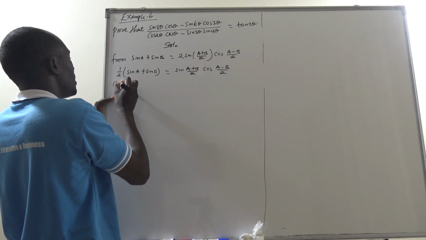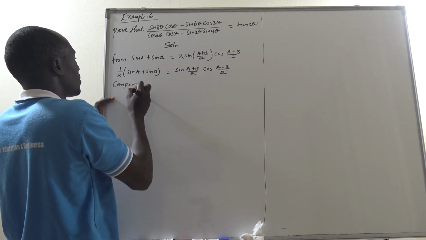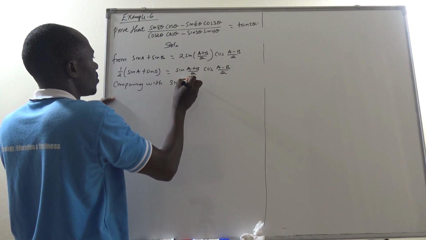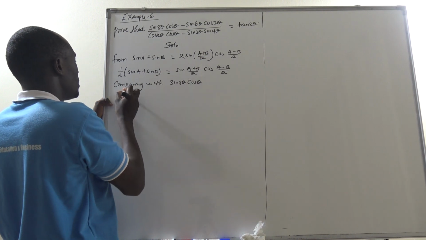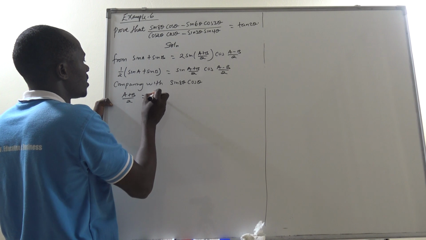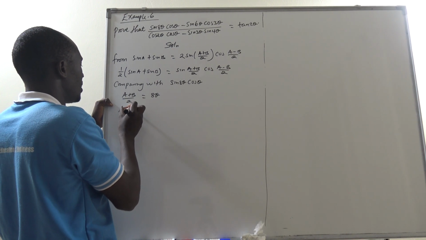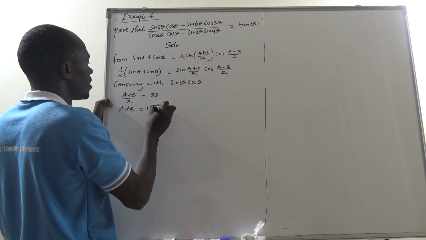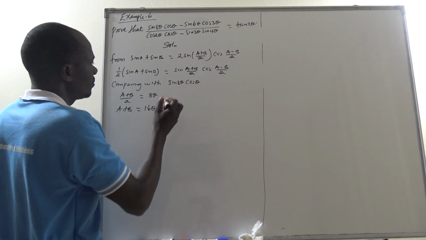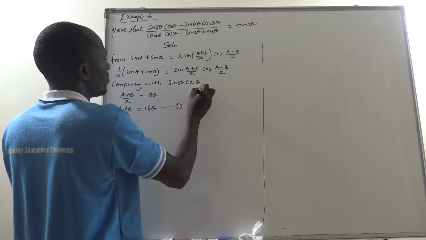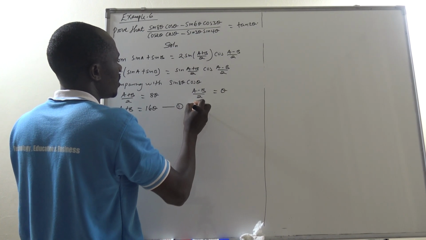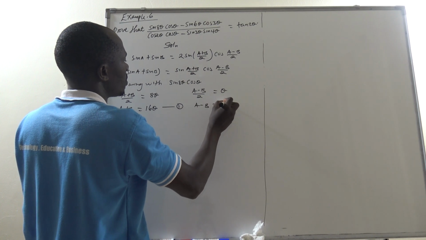So I can say, comparing with sin 8θ cos θ, can we equate (A+B)/2 = 8θ? This implies that A + B = 16θ. First equation. We also go to another one: (A−B)/2 = θ, so A − B = 2θ.